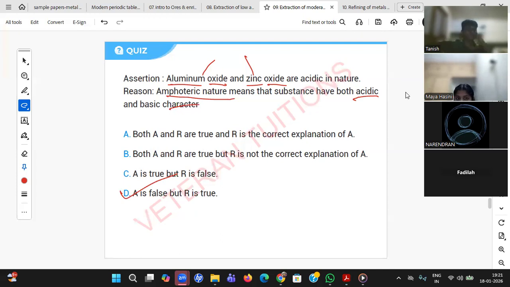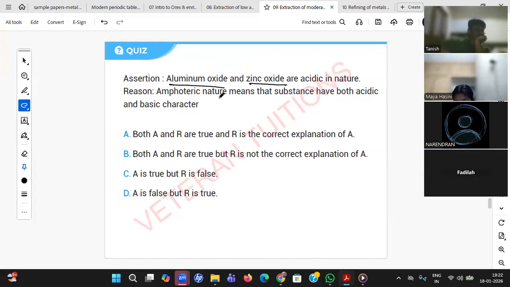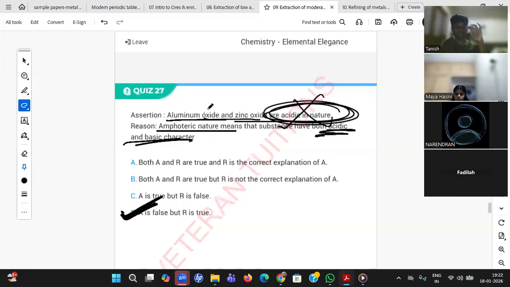Sujita, understood, beta? Yes, sir. So aluminum oxide and zinc oxide are basic in nature. Metal oxides, okay, you can say they are amphoteric. They can react with acids and bases. But metal oxides are basically basic in nature.